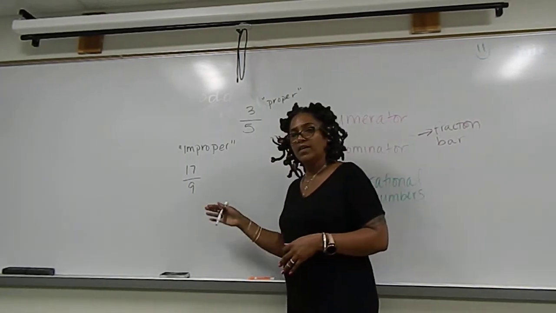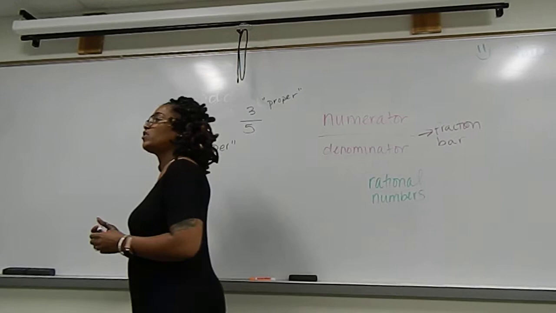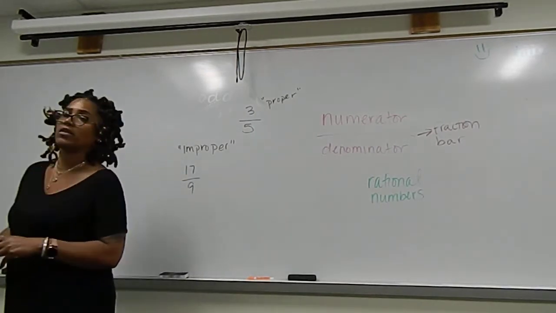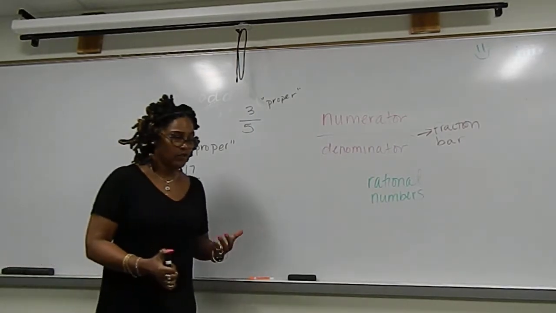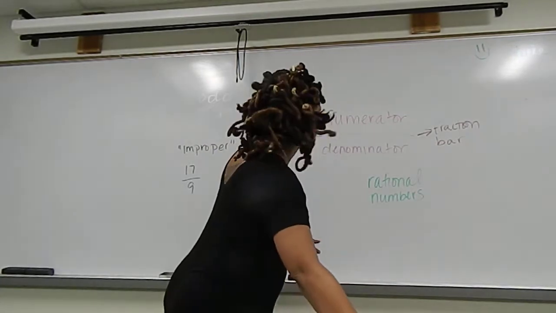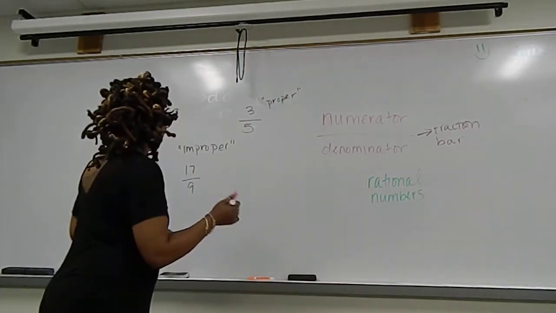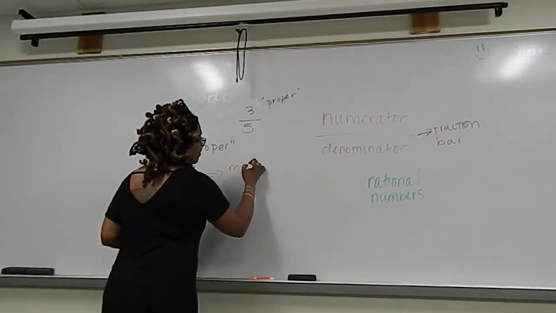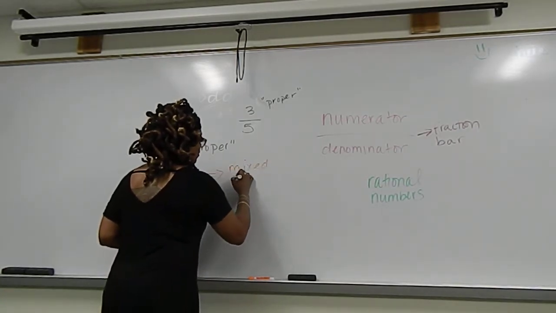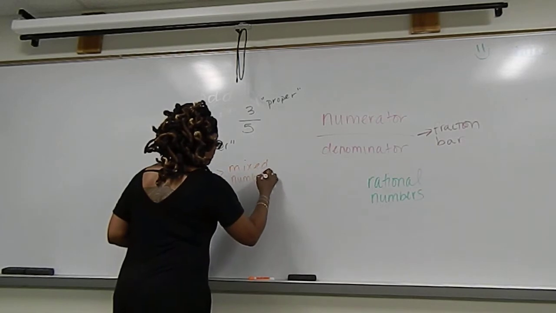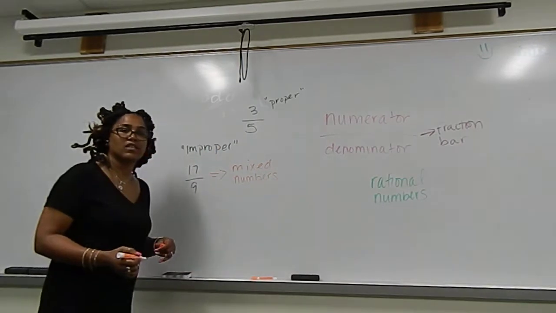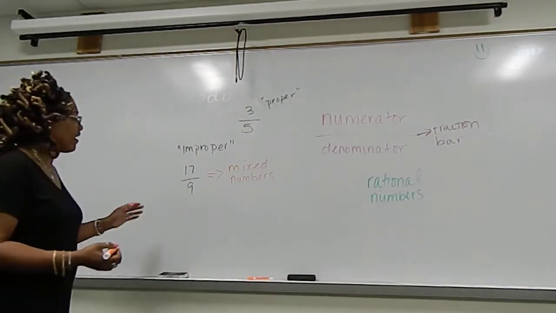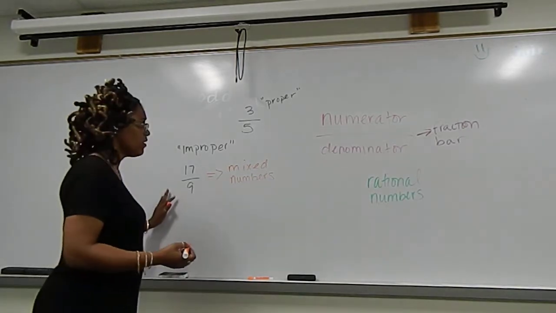When you're dealing with improper fractions, that's also where you get your mixed numbers from. Your improper fractions lead to mixed numbers. They're called mixed numbers because they have one whole number and a fraction added to it.